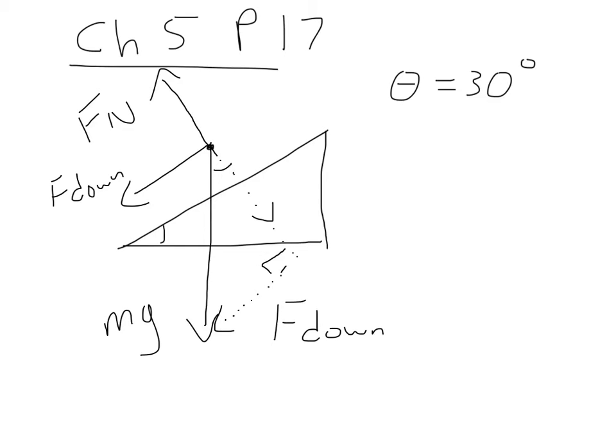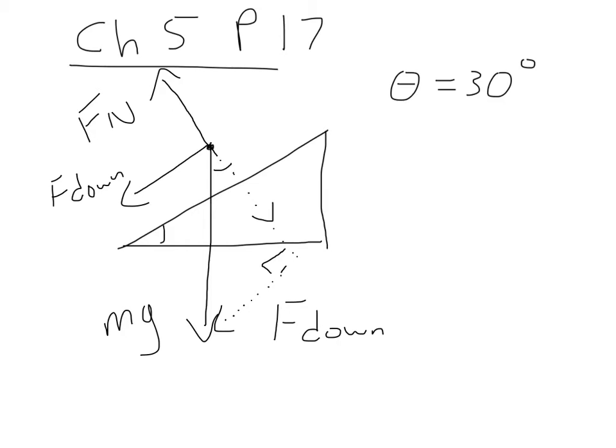Now this other dotted line force is going to be the normal force. That's how we're going to find it. If you think about it, if the normal force was greater than this dotted line force that's acting in the opposite direction of it, then the mass would go shooting off, kind of like a launcher effect, or if it was less than, then the mass would start to sink in through the inclined plane.